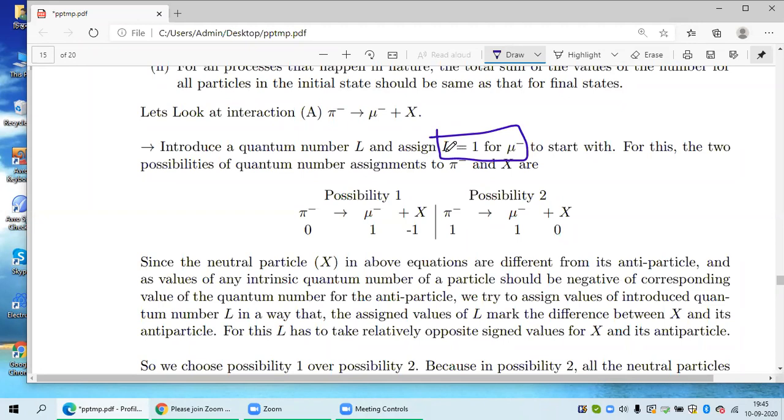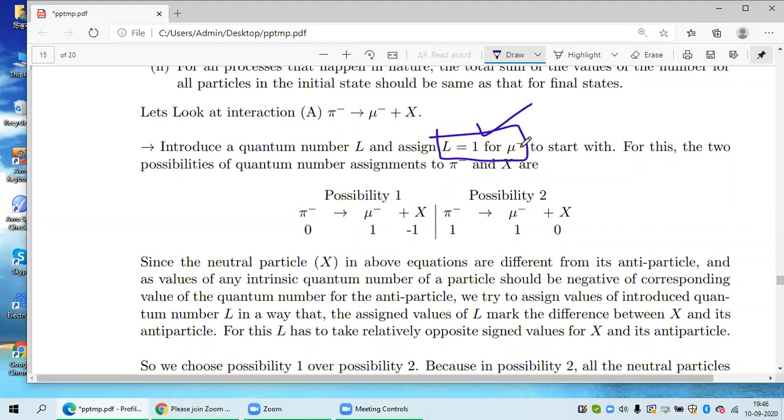We will stick to this. Now we will look at every reaction, the reactions which happen in nature and which do not happen in nature. In the reactions that happen in nature, we put L equal to 1 wherever mu minus occurs, and we put other L values on other particles in such a way that L is conserved for that particular reaction, so that it happens in nature.